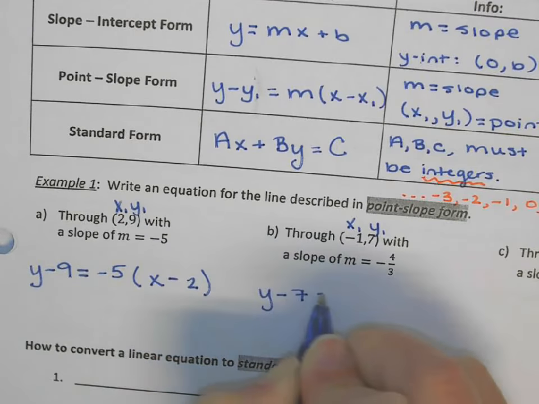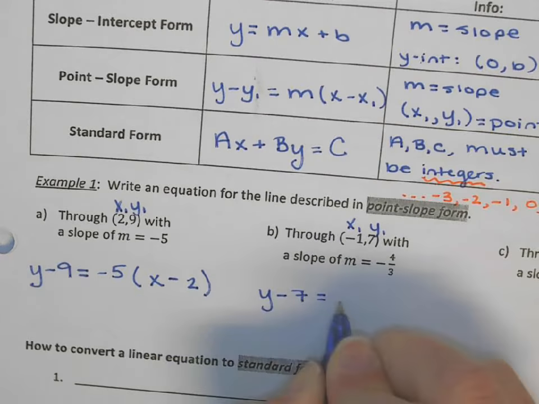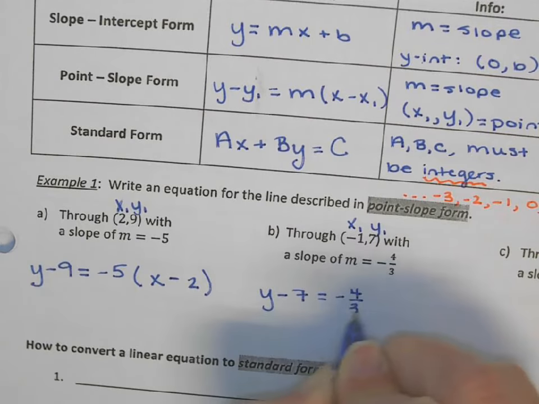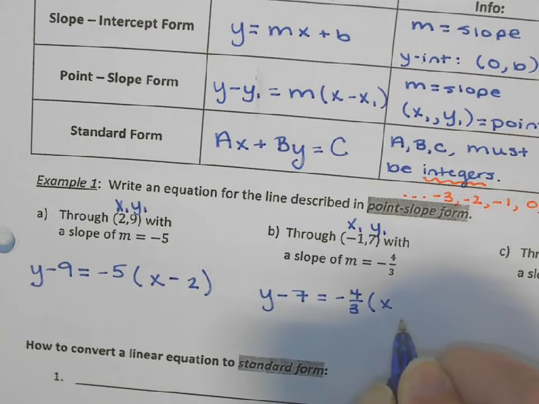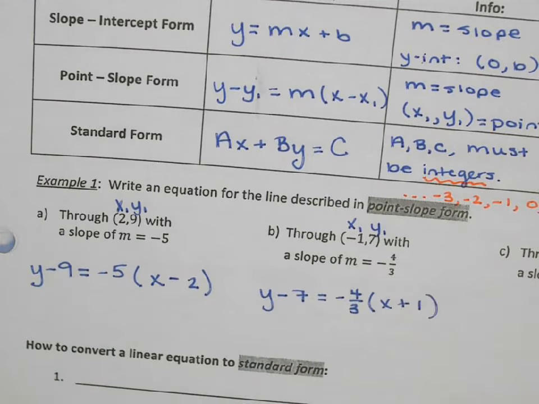Yep. Equals -4 over 3. Very good. Parentheses x, x minus -1. Yeah, but what happens when you minus a negative? X plus 1. X plus 1. Excellent job. Yes, when you subtract a negative, you're actually adding.